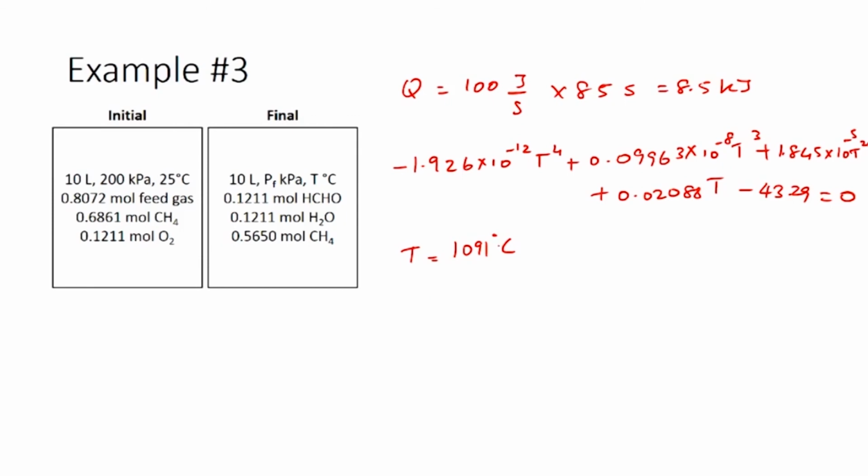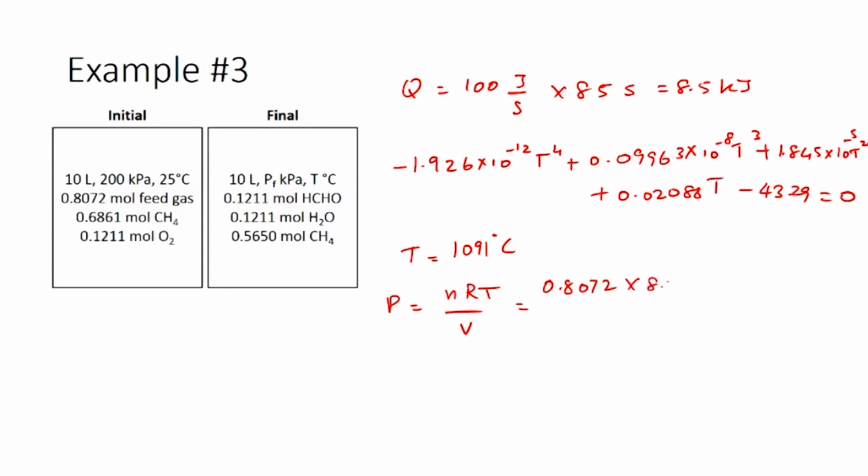And this reaches a pressure of P equals nRT divided by V. Here n is the number of moles in the final condition, which adds up to 0.8072.